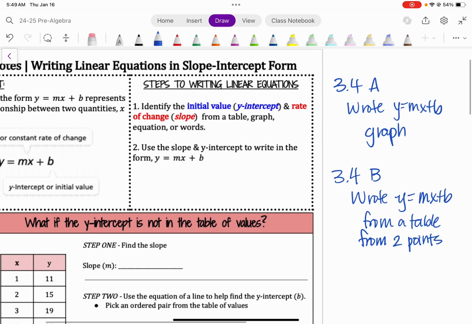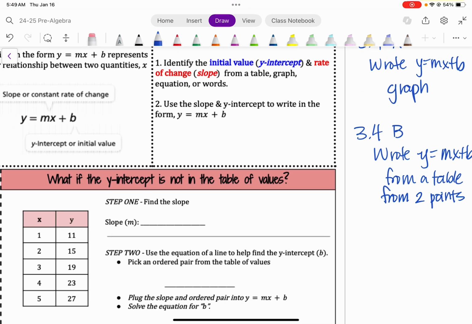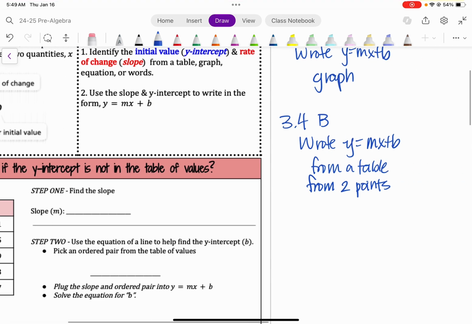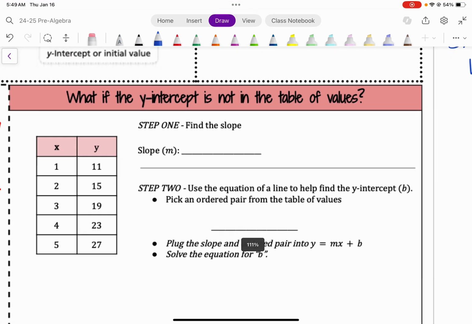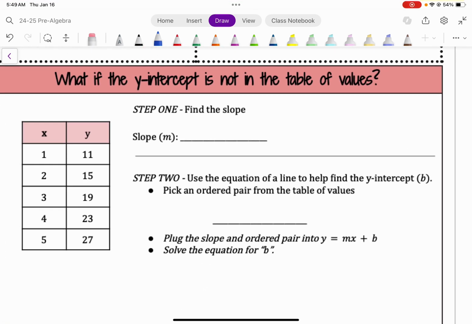And now we're going to write it from a table, but we are not going to have our y-intercept easy to find. So it's not going to be in that table. We're going to find it ourselves.